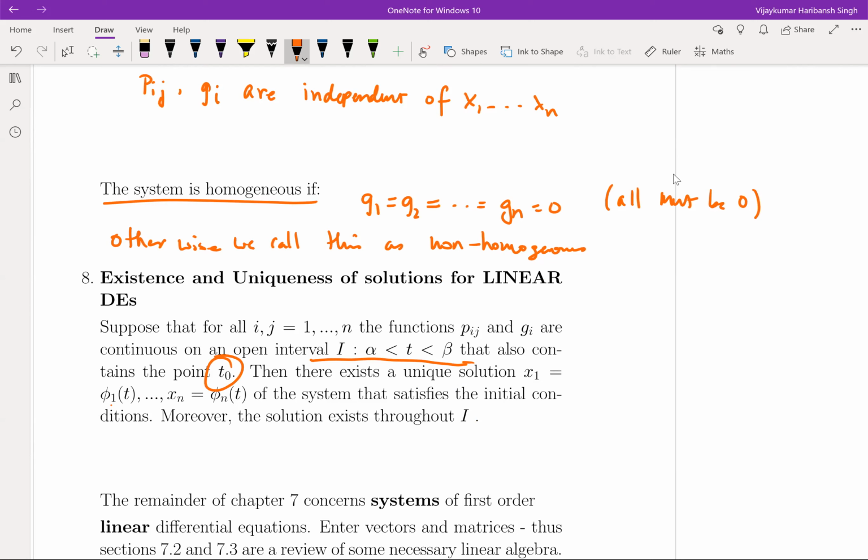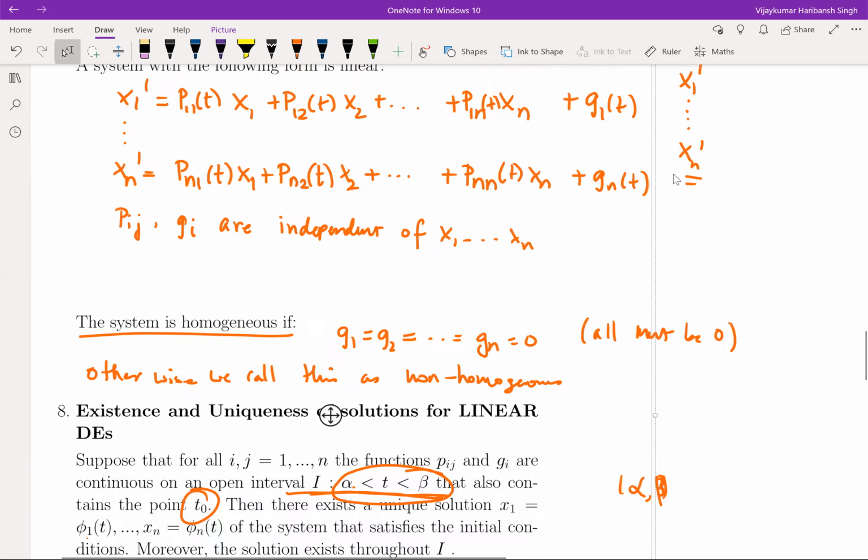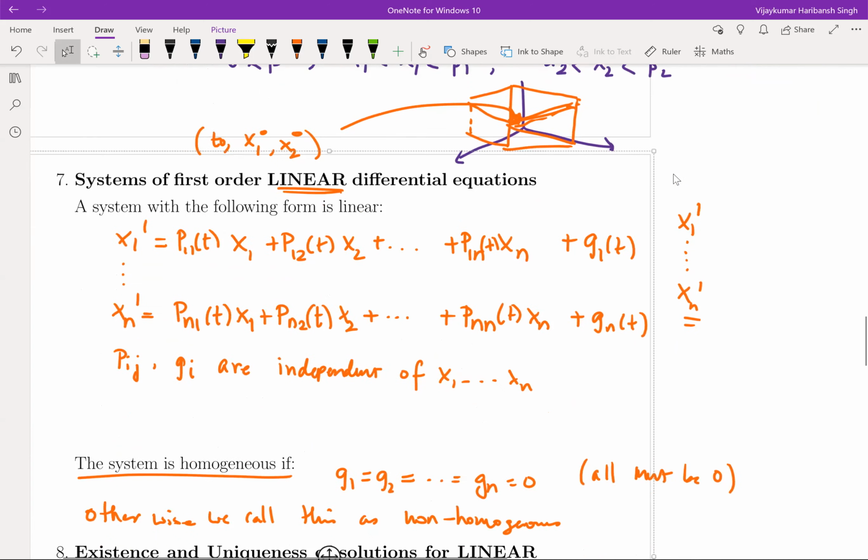If the coefficients are continuous on the interval alpha to beta, then the solutions will exist on this interval, alpha to beta. All right, so connected with the linearity argument of first order linear differential equations, you'll see that they are very similar.